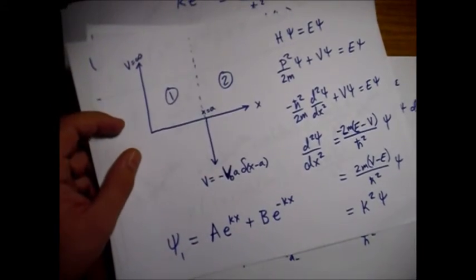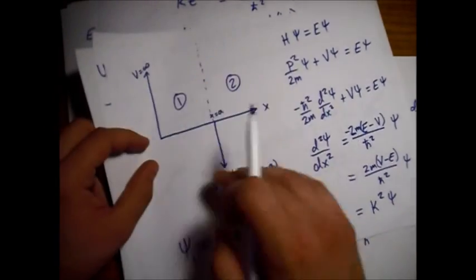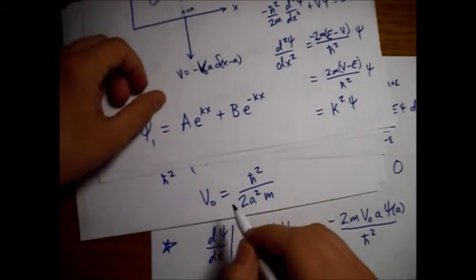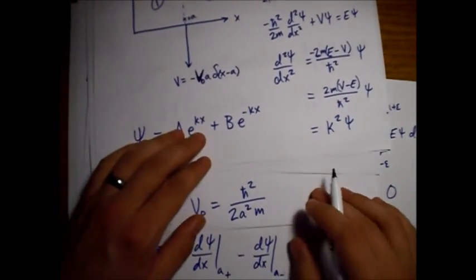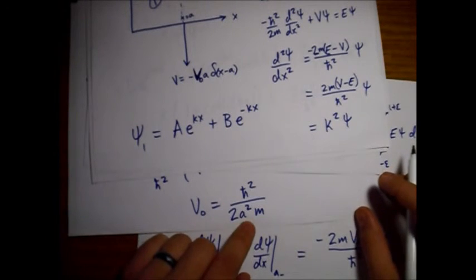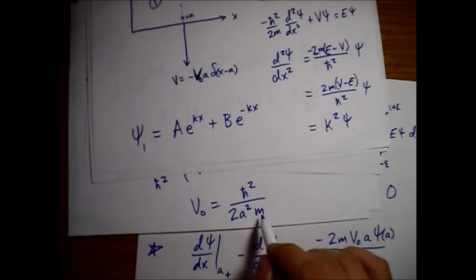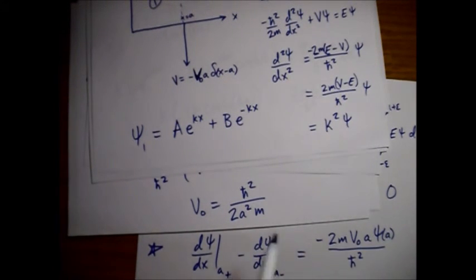So again, we've rendered the problem scaleless with that. But we must have at least this much strength in the delta potential well to be able to hold a bound state. So you can see that it depends on the mass.